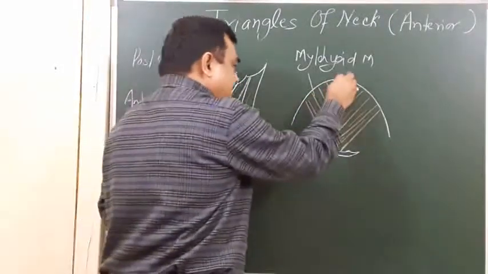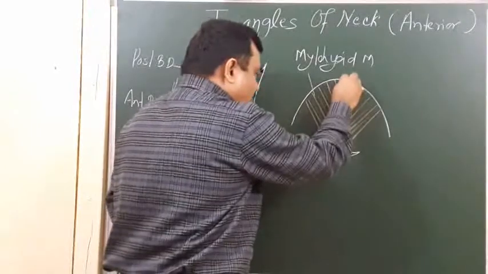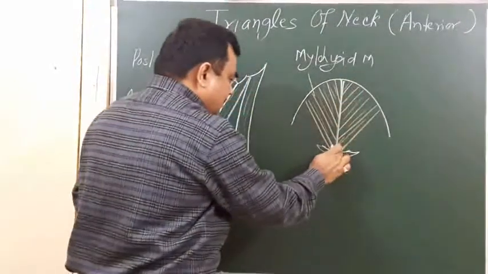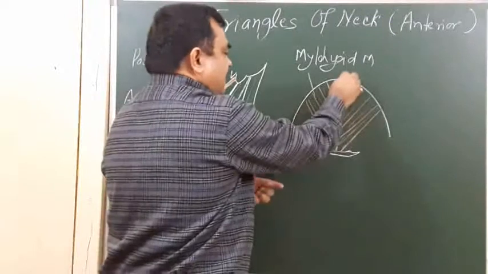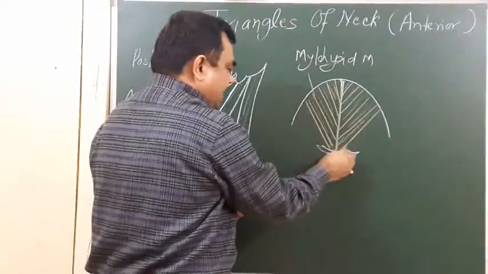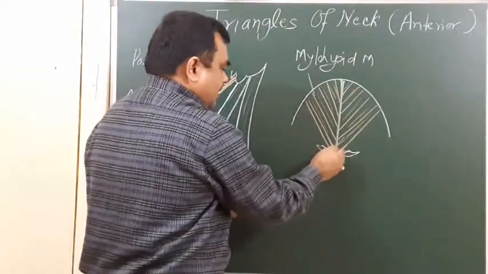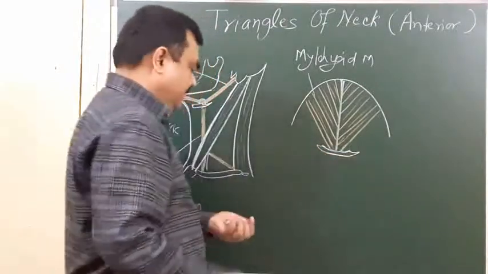And here is the median raphe, through which both side muscles join in the median plane and attach here also. This is the hyoid bone.